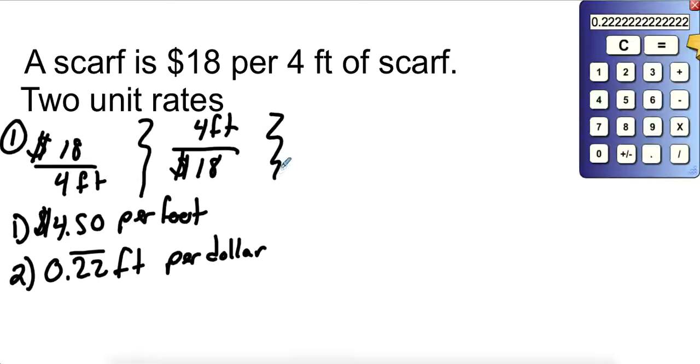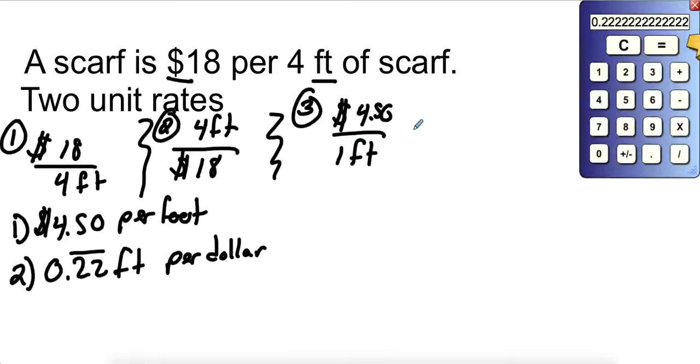Now again, we can always convert this from feet, because originally our 2 units were feet and dollars. So we're actually going to change this in our third example. Instead of having dollars per foot, because we know it's $4.50 a foot, we're going to turn this into yards.